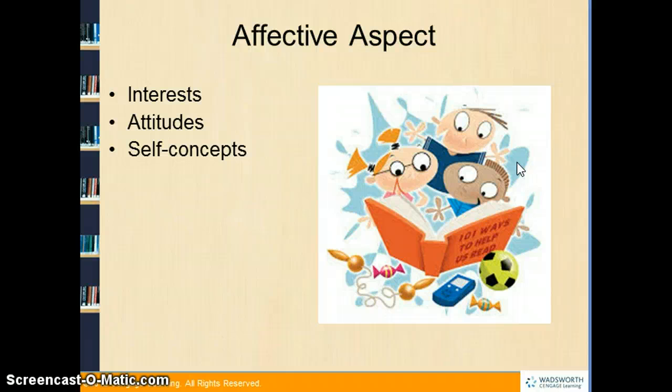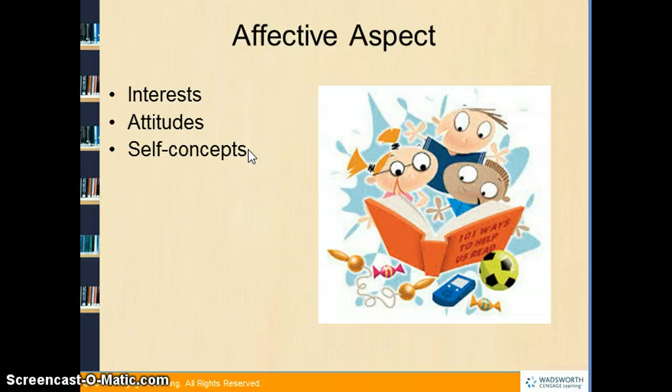And so this idea of interest and attitude and motivation and self-concept really help determine the question of, will students persist in a reading task? And in particular, will students persist in a reading task that challenges them?